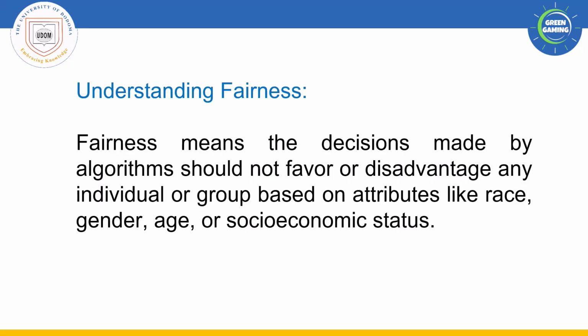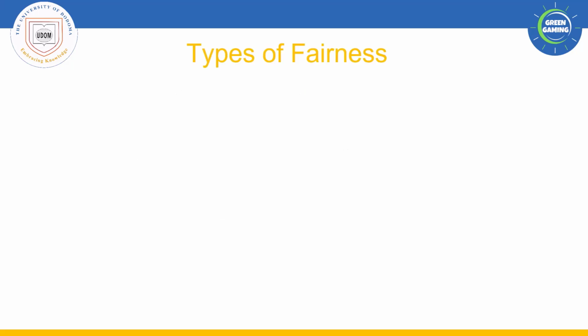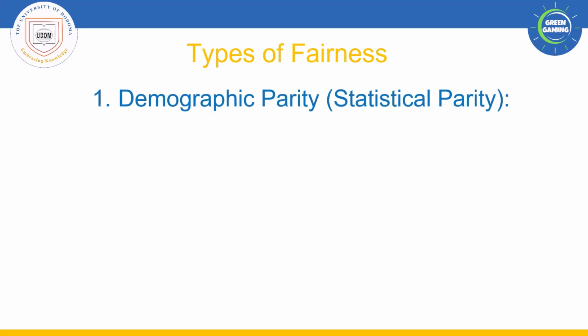Okay, so let's understand fairness. Fairness means that decisions made by an algorithm should not favor or disadvantage any individual or group based on attributes like race, gender, age, or socioeconomic status, right? Okay, so there are several approaches to fairness. So let's see the different kinds of these approaches or types of fairness. First one, you have demographic parity or statistical parity, right?